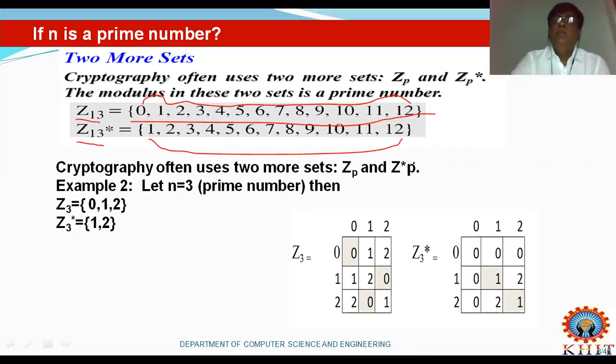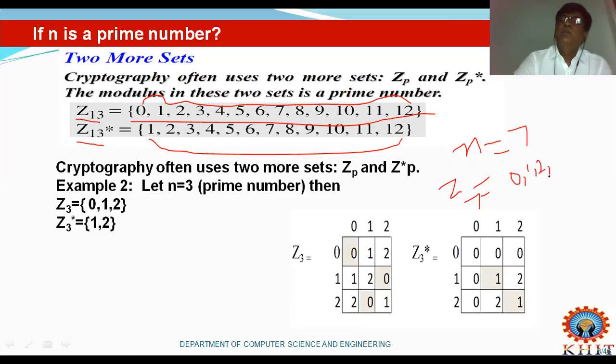For example, if n equals 7, since 7 is a prime number, Z7 has additive inverses for every number from 0 to 6.